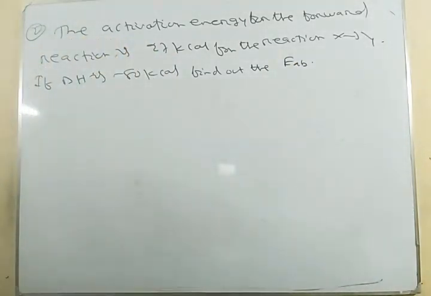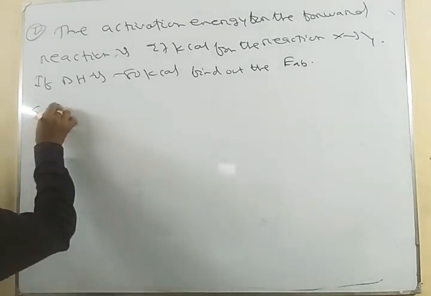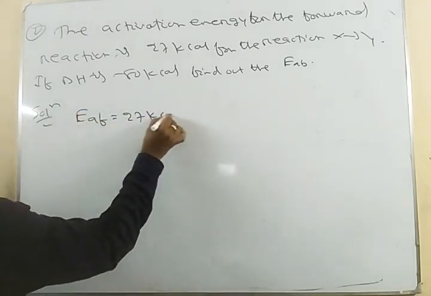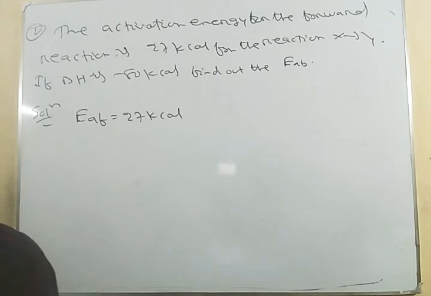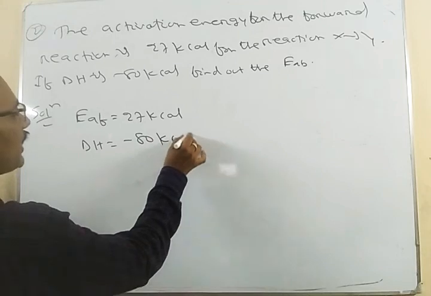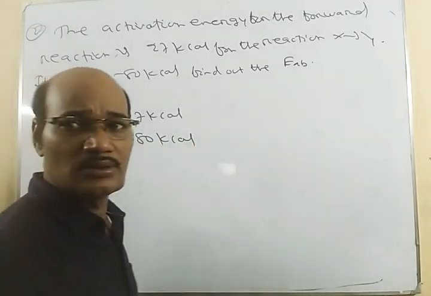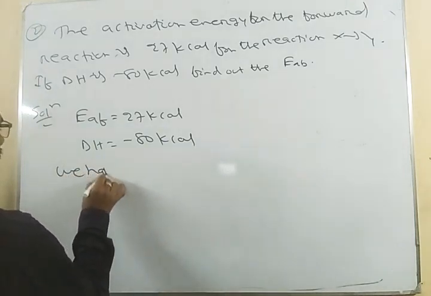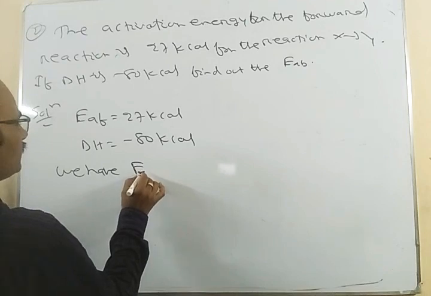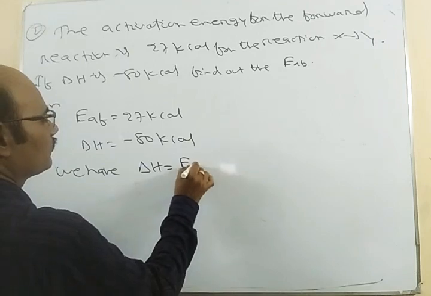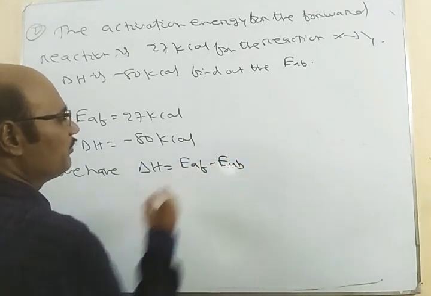Here you see the activation energy for the forward reaction is given, that is EAF is equal to 27 kilocalorie, and delta H is given as minus 80 kilocalorie. Now what is asked? The EAB. And we know delta H is equal to EAF minus EAB.